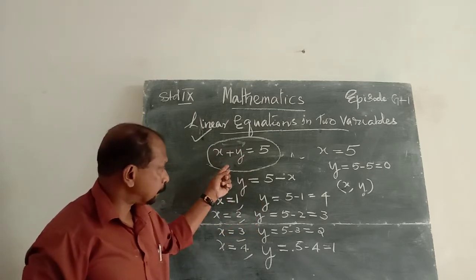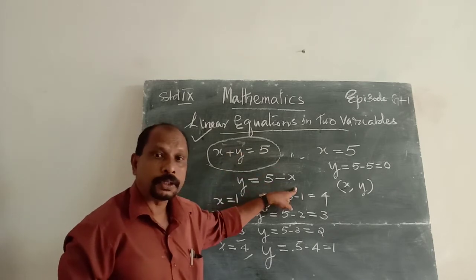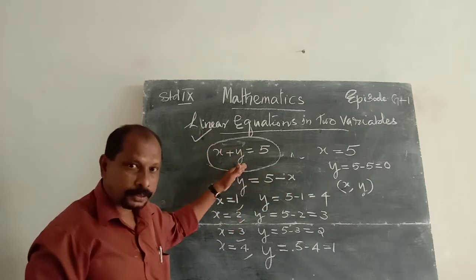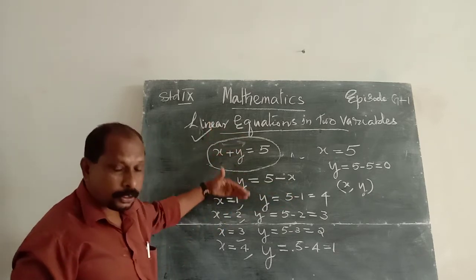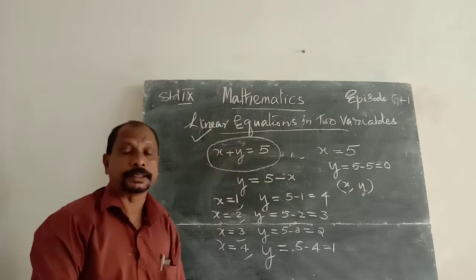But in this expression, y is dependent on x. Therefore, we can write y is equal to 5 minus x. Then we take different values for x.